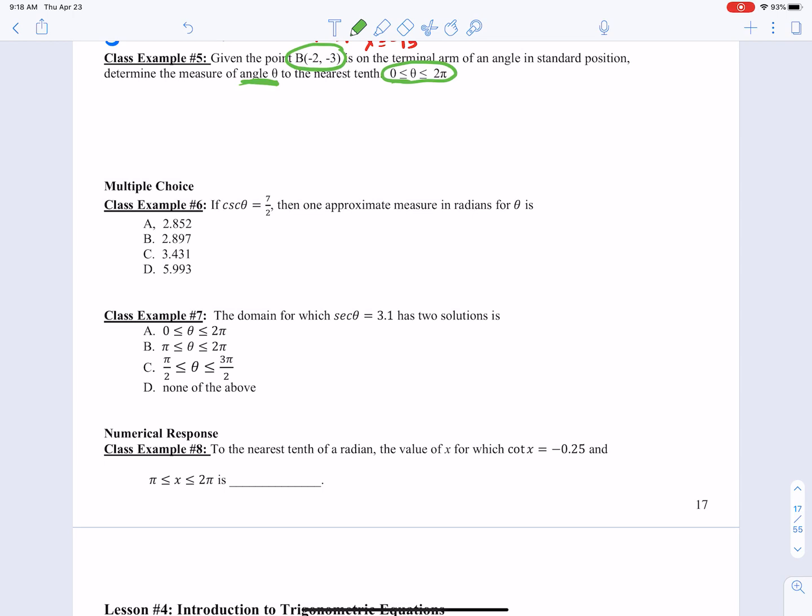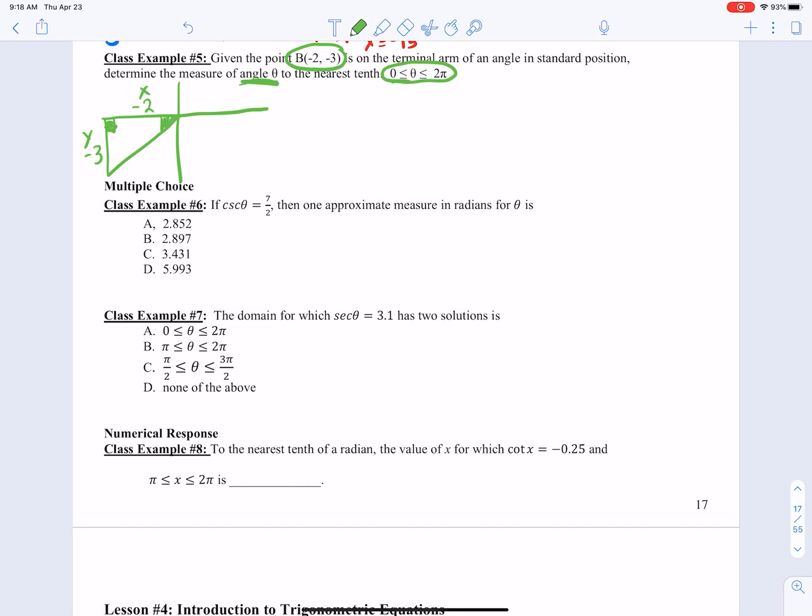So I know that if both x and y are negative, that ends up in quadrant number 3. So I've got x is -2 and y is -3. Now I don't have to go ahead and find r because I'm not looking for the ratios. I'm looking for the angle.